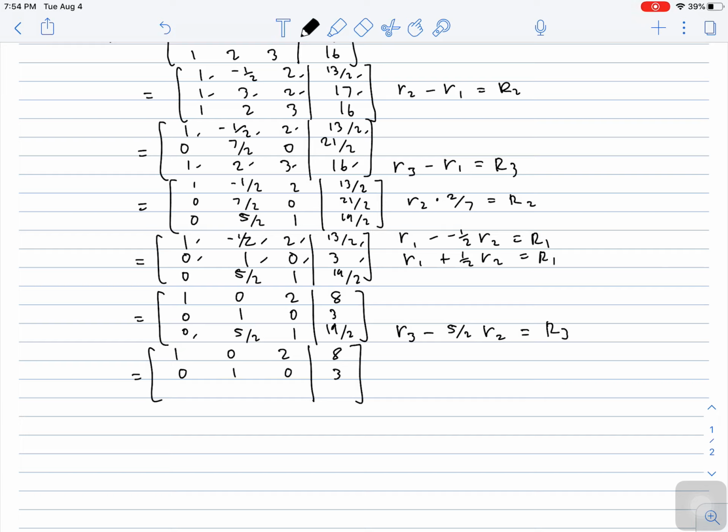So 0 minus 5 over 2 multiplied by 0 is still 0. 5 halves minus 5 over 2 multiplied by 1 is 0. 1 minus 5 over 2 multiplied by 0 is 1.